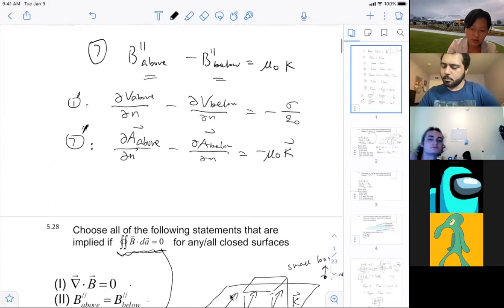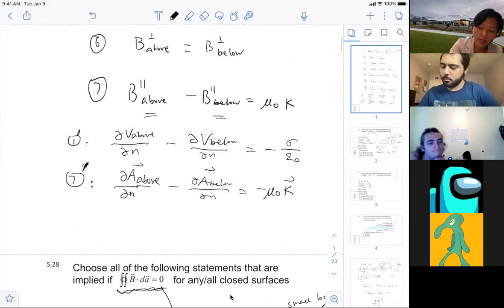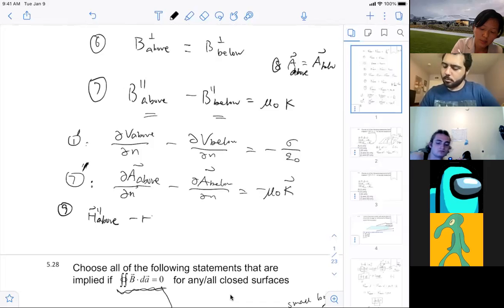The 8th boundary condition is the A below, above, it's A below. The 9th is the one we just derived, H above minus H below is K free cross N.